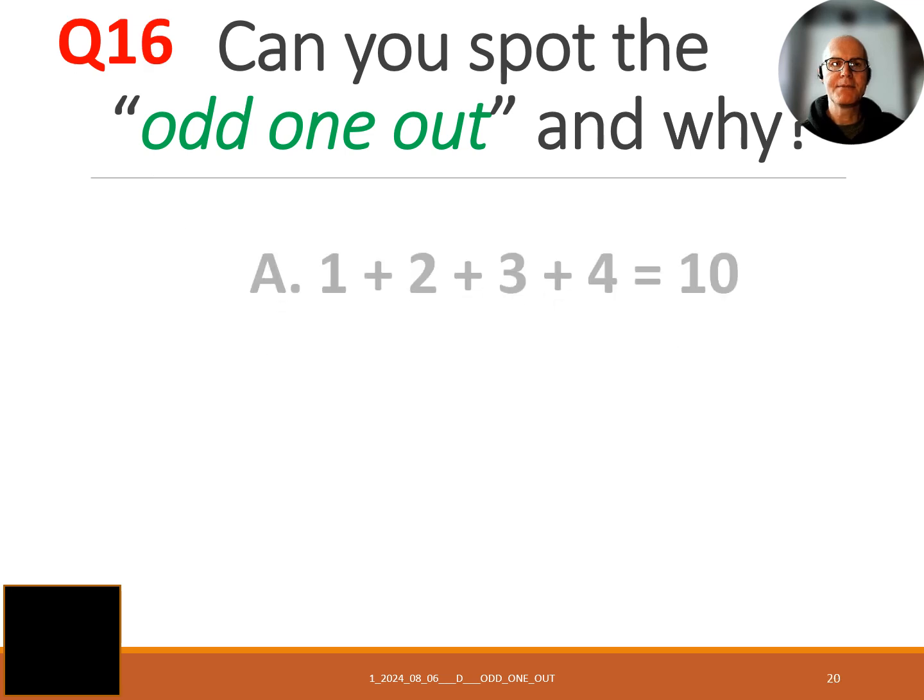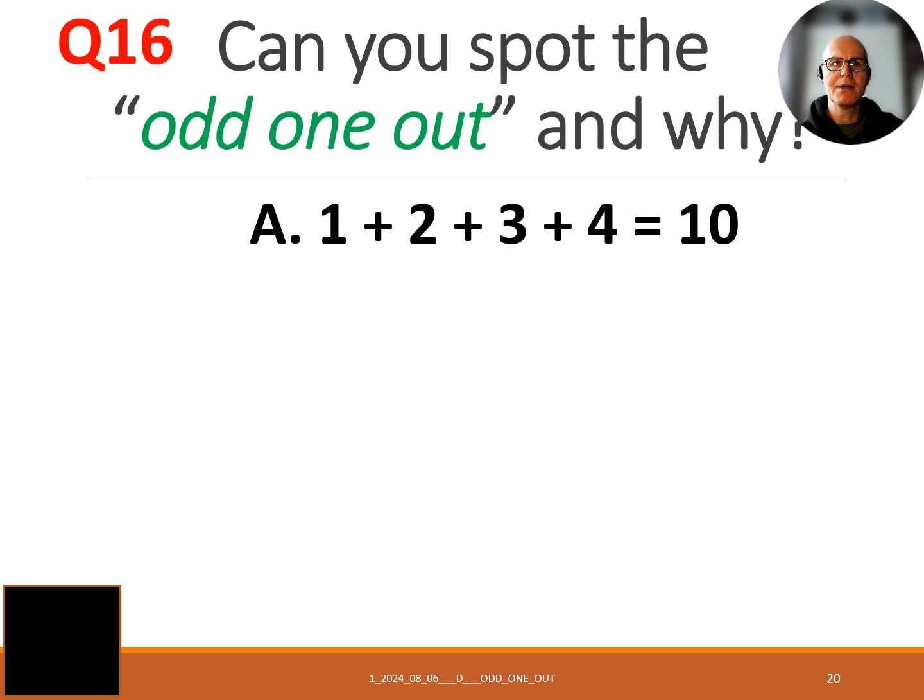Question 16. A BODMAS question. A, 1 plus 3 plus 4 equals 10. B, 5 plus 2 times 5 equals 15.